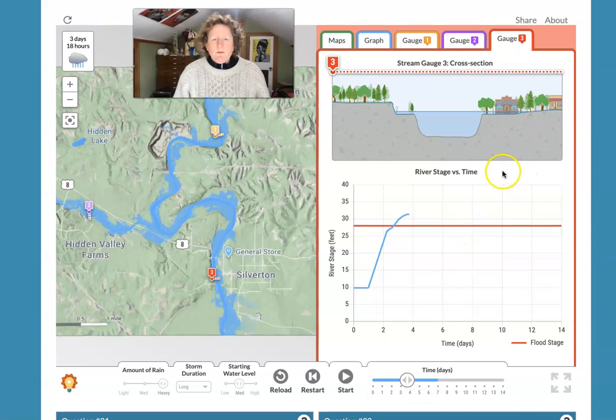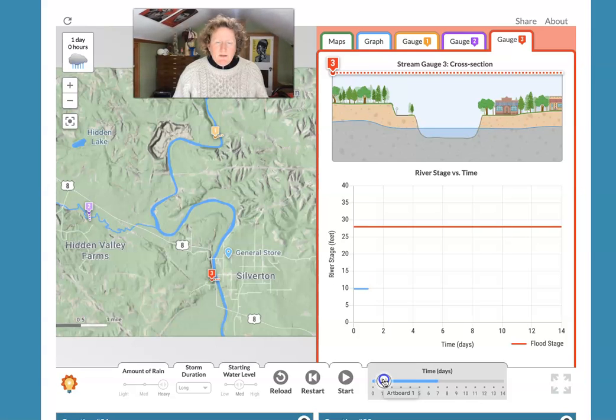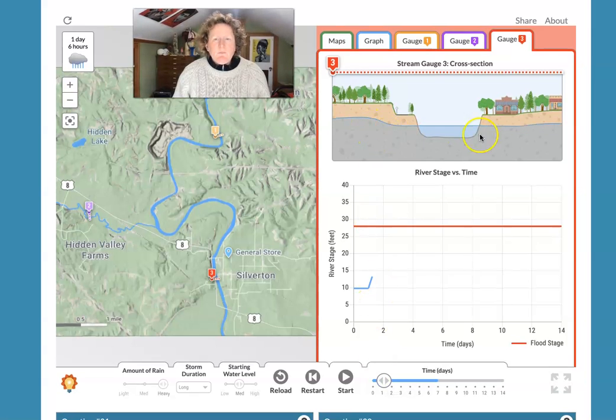This is the soil, and when it creeps up, you can kind of see the soil saturating here. The soil on both sides of the banks of the river is saturated up to about this level.